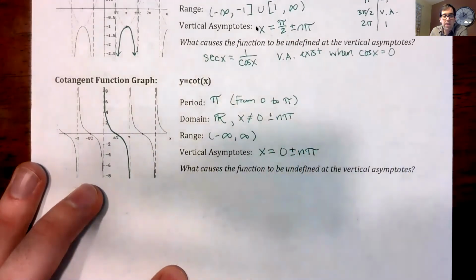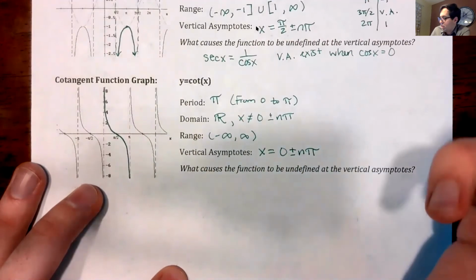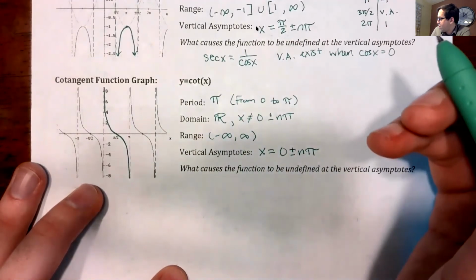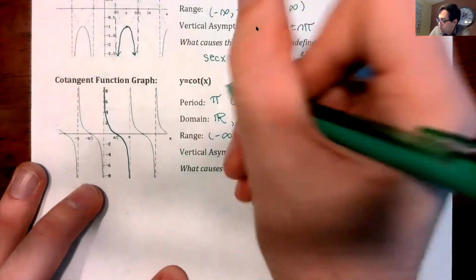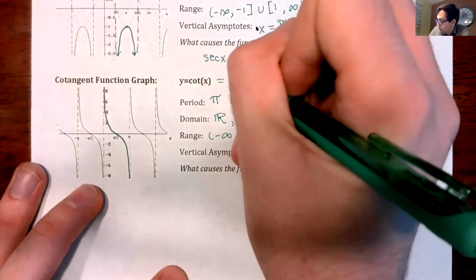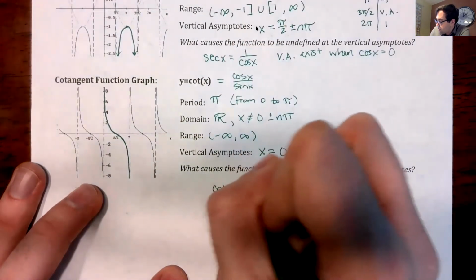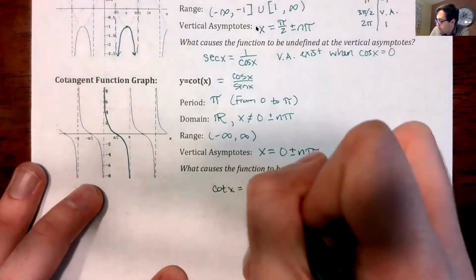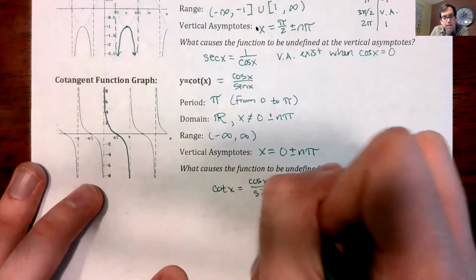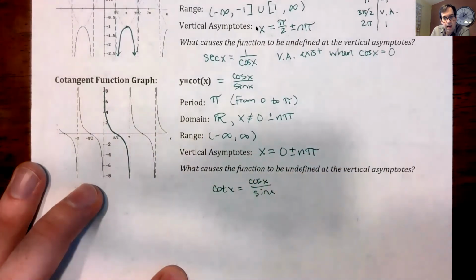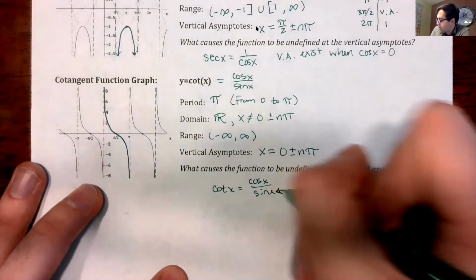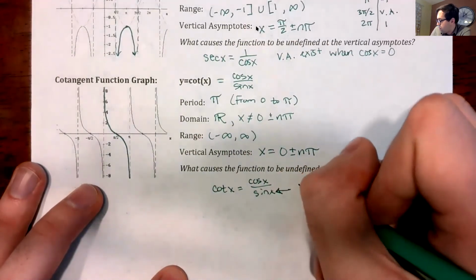And let's back up and think about the big picture here. Cotangent is the flipped version of tangent. I told you that tangent was sine over cosine, so cotangent is going to be cosine over sine. Since cotangent equals cosine over sine, that tells us that we are undefined at the vertical asymptotes, because that's when sine was equal to 0.